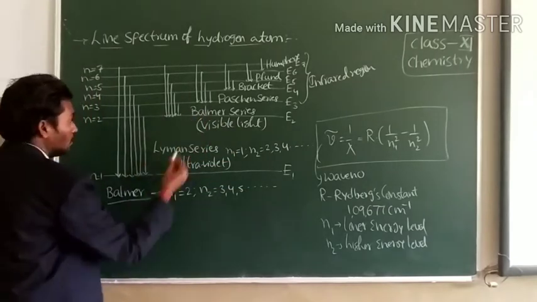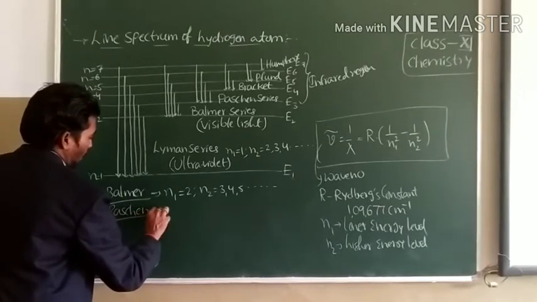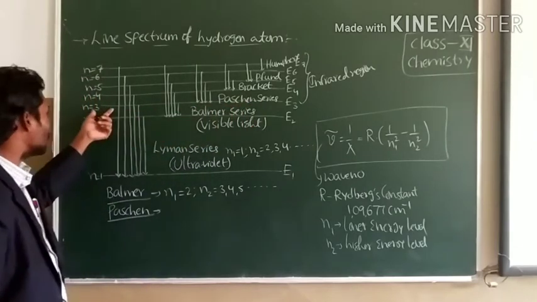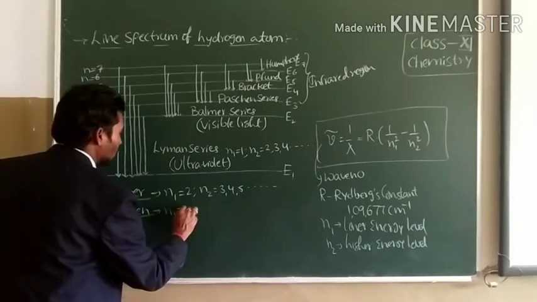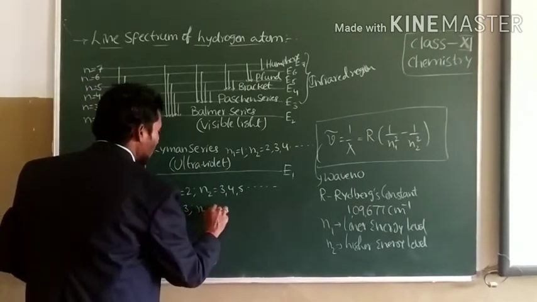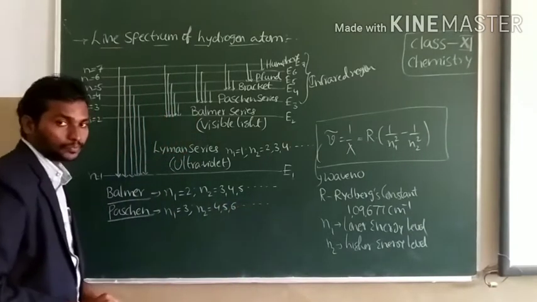Next, the third series, Paschen series. For the Paschen series, the n1 value is 3 because we observe the Paschen series in the third energy level. The n2 value is 4, 5, 6 and so on.